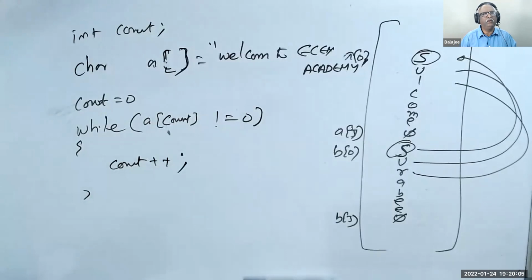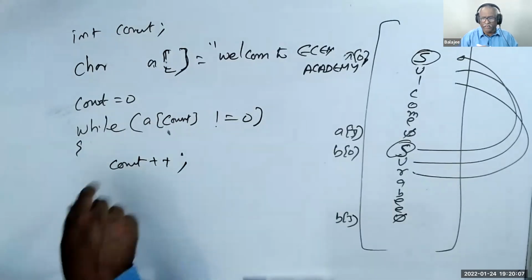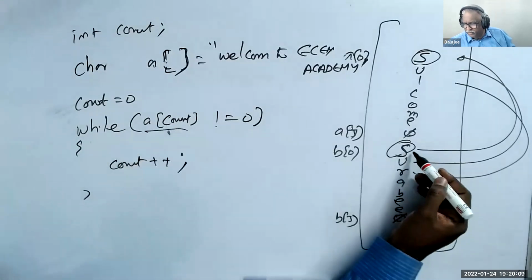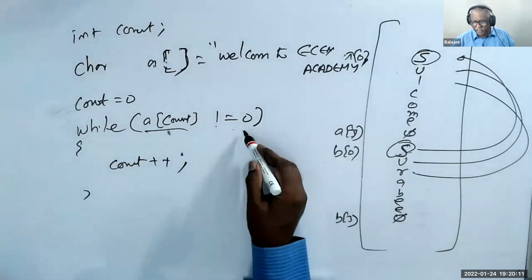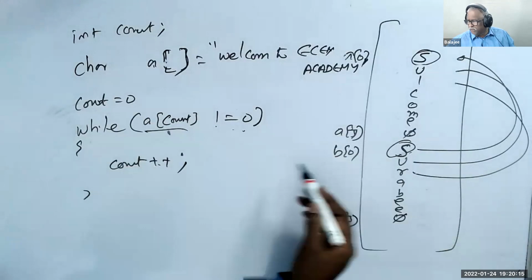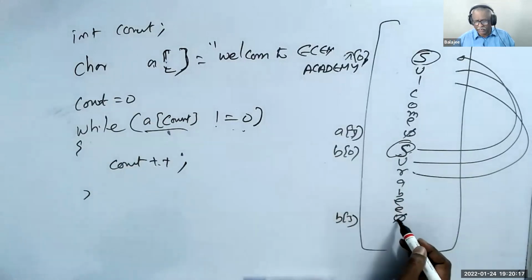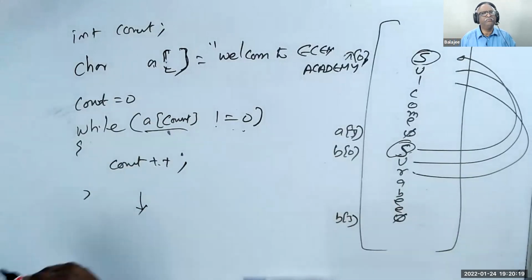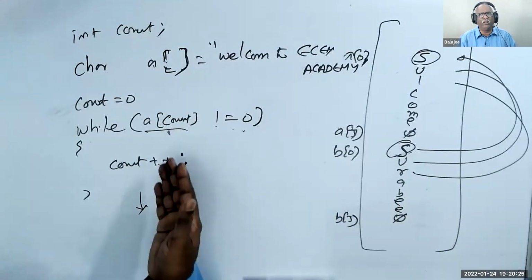Am I right? Now you'll be doing this loop till when? You come to the first character, yes, not equal to 0, then increment count by 1. Then you do like this. The moment you reach 0, you will get out. So that's the way you'll find the length, the count.